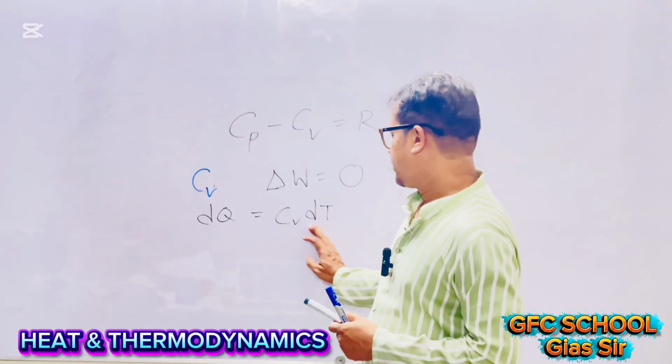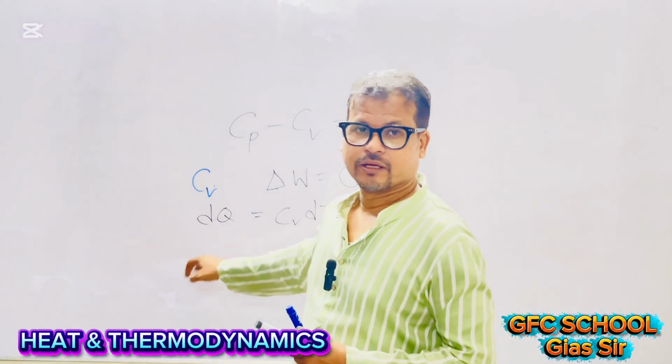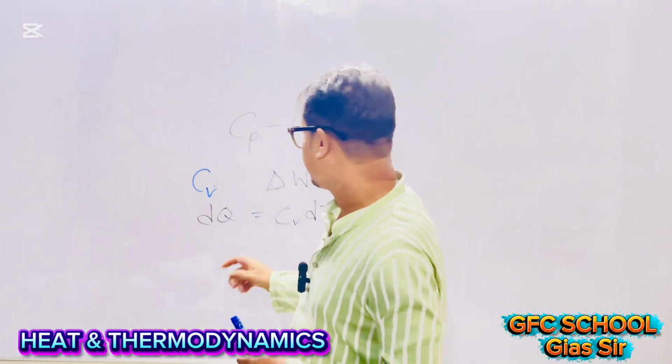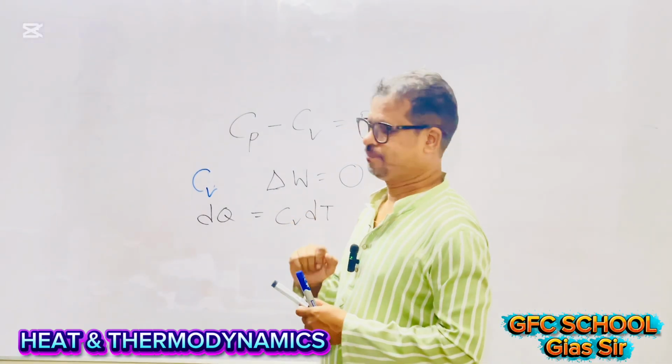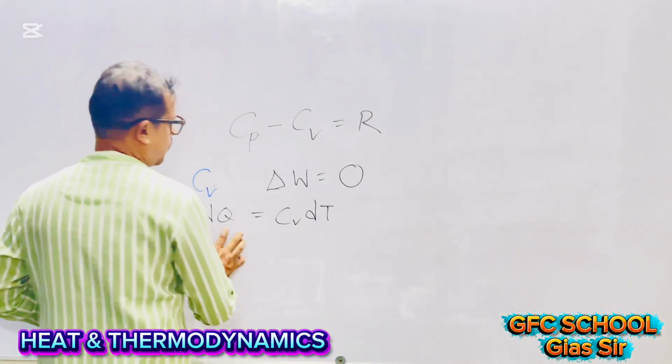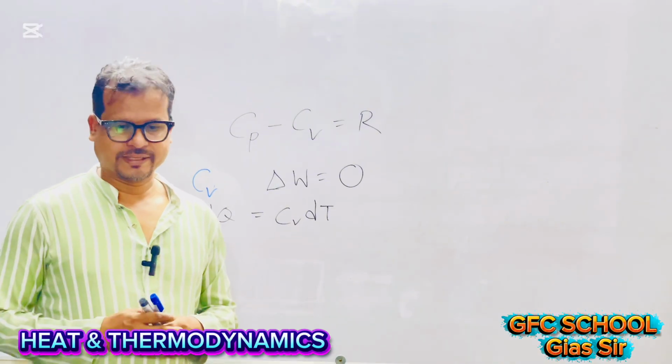Here dT is the temperature change, dQ is the heat change, and Cv is the specific heat at constant volume. This equation we have to know and understand.